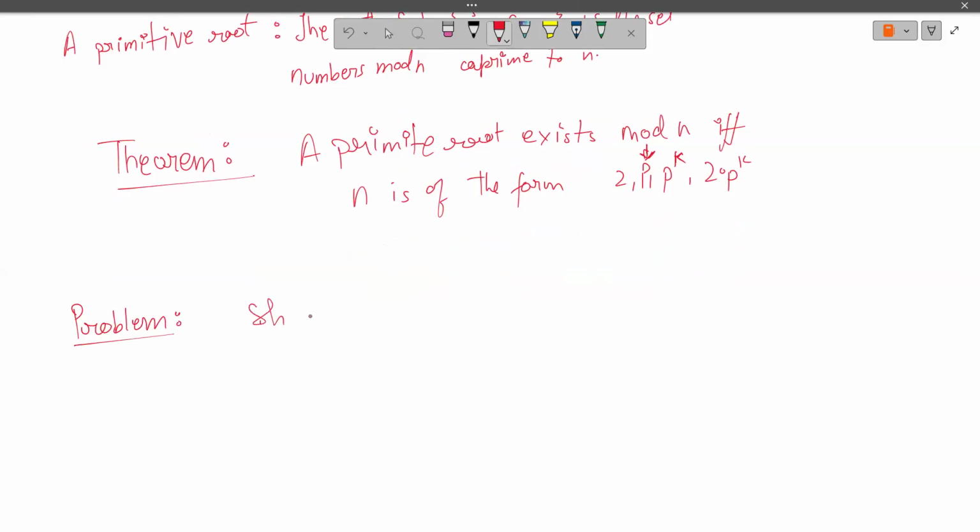Show that the number of primitive roots mod P is P minus 1.